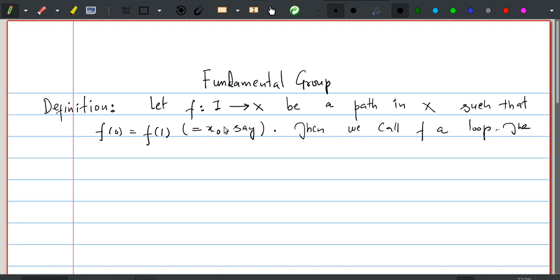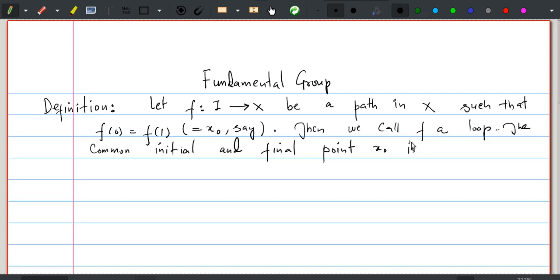So the common initial and final point, this x naught, is referred to as the base point.